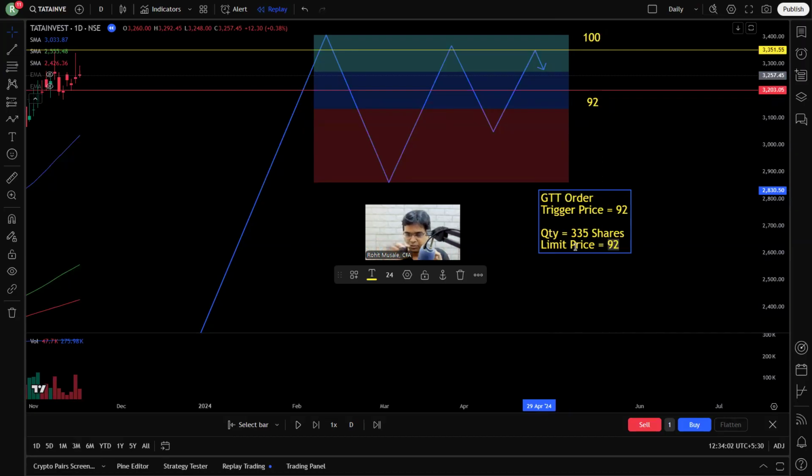But during that time, if the price suddenly drops by one tick below 92, or maybe falls to 91 very fast, then there is a problem.